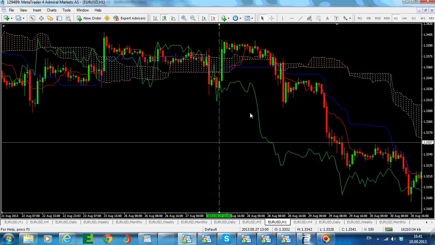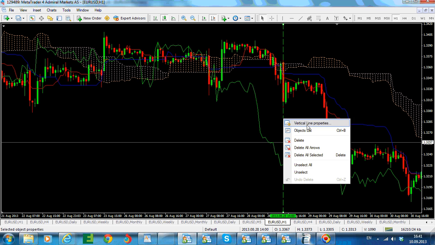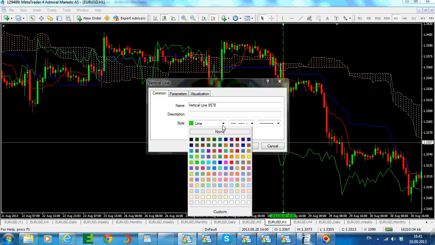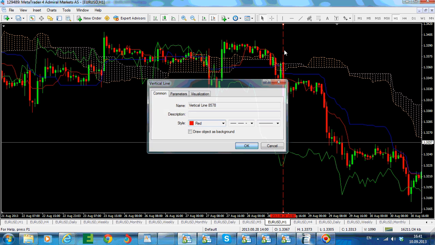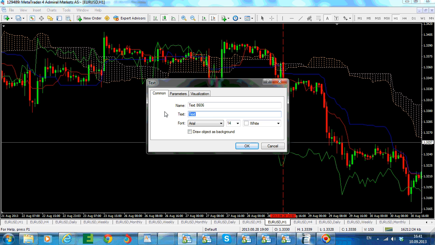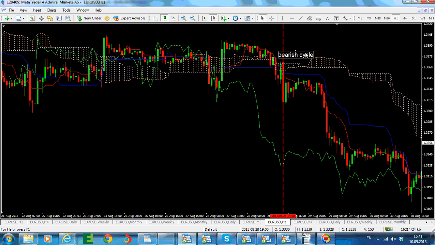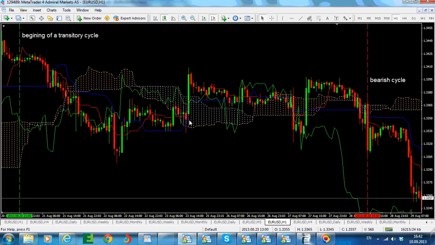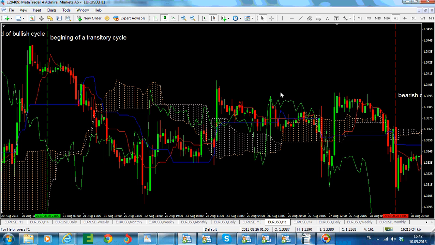So the bearish cycle begins here, and there you go, just like that. We've identified a bullish cycle, a transitory cycle, and a bearish cycle, and normally prices should go to the downside.